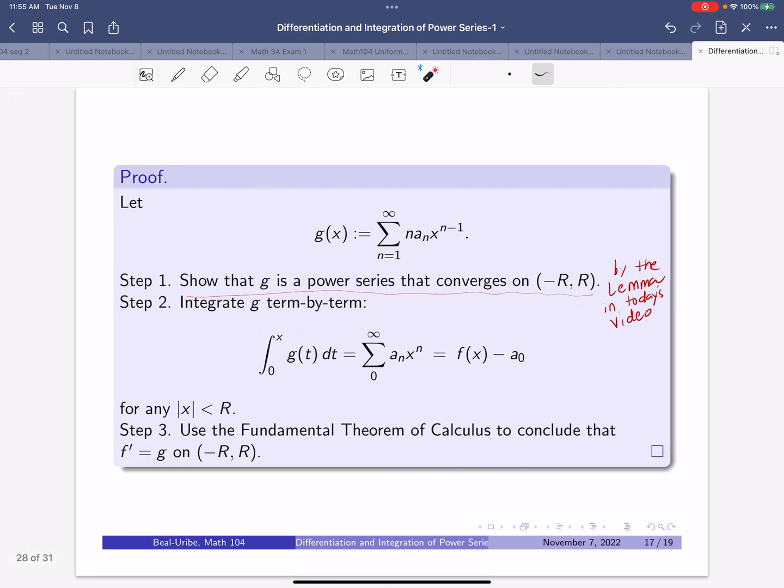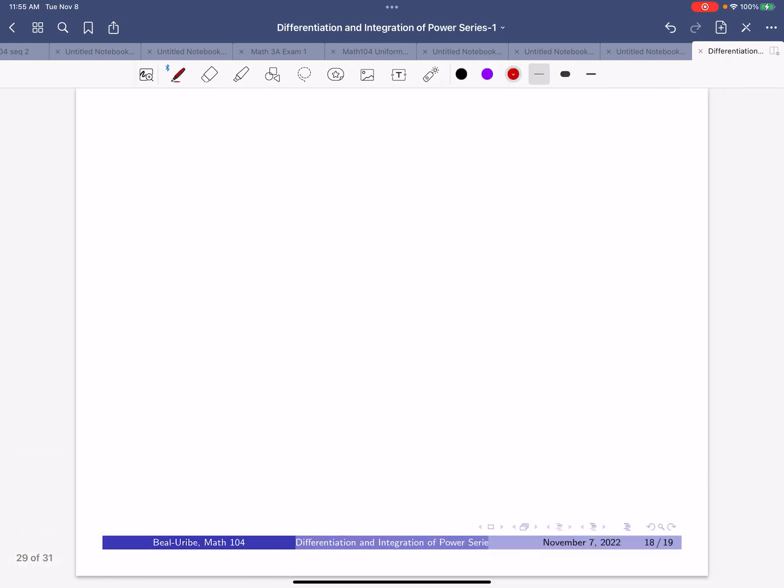So g is n, a sub n, x to the n minus 1. So we need the integral 0 to x of n, a sub n, x to the n minus 1, and we're going to integrate that with t, dt.